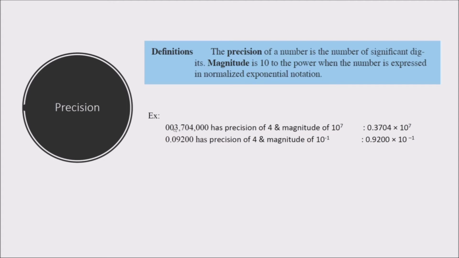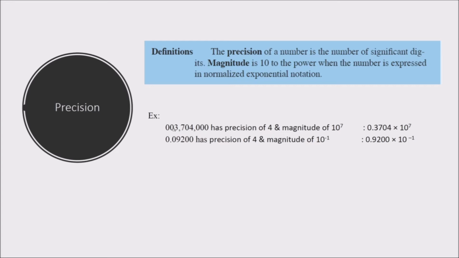And then if you put the dot right here, anything behind this 4 doesn't mean anything. So in that case, the significant value in this case is only this 4, right? Only 4 digits that I can count from here. 1, 2, 3, 4. So that's the 4 I'm talking about. And then to the power, obviously right now my dot is here. So how many positions do I move it up to here? So it is 1, 2, 3, 4, 5, 6, and 7.